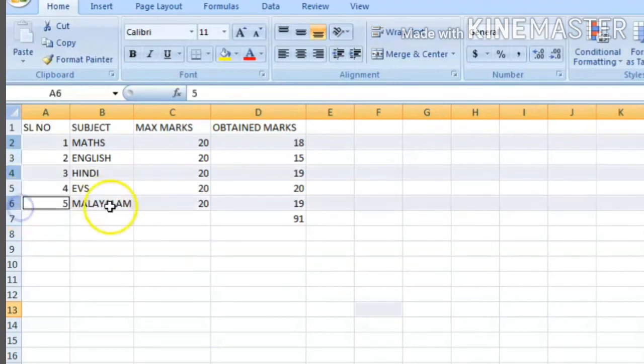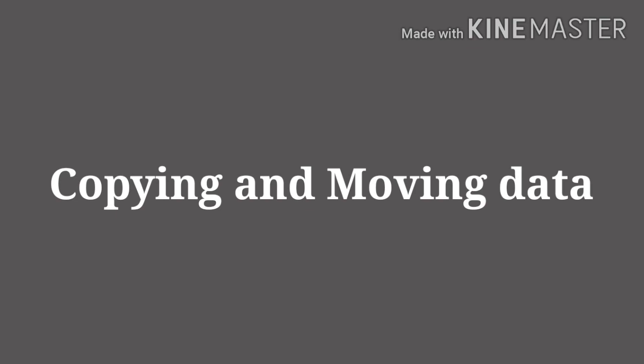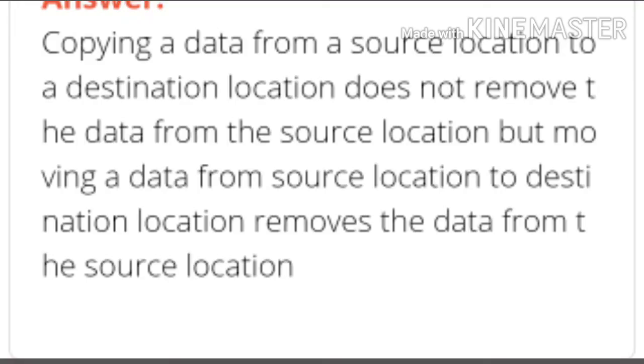Next topic is copying and moving data. Children, do you know what is the difference between copying and moving? Copying means we are just copying the particular data to a different location. That means there are no changes happening to that data.